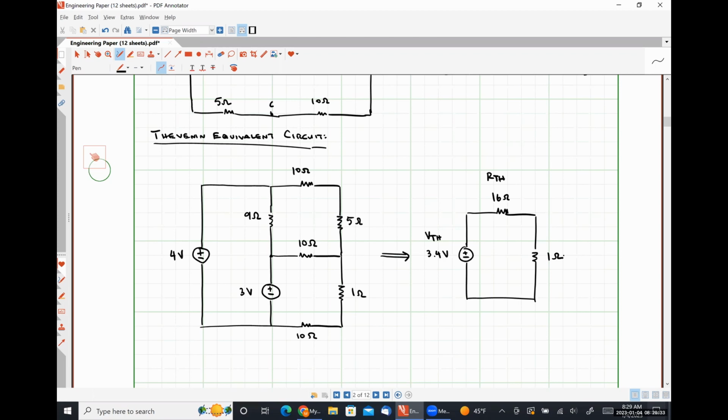Okay, so now let's talk about Norton's theorem.